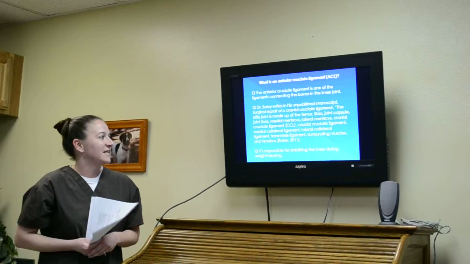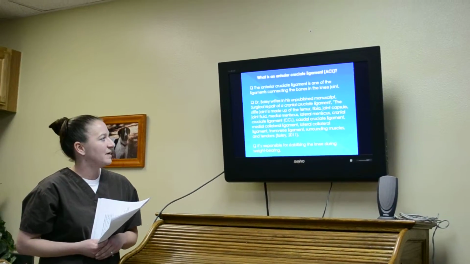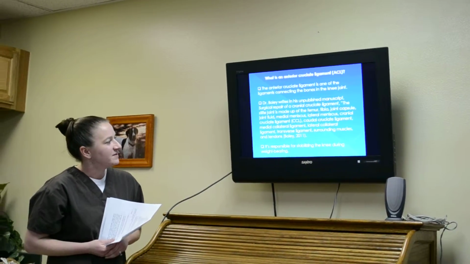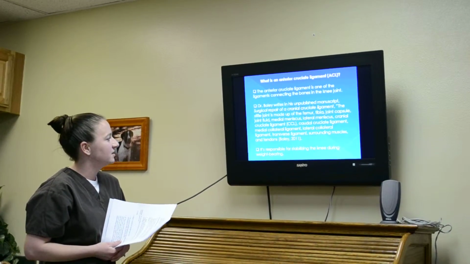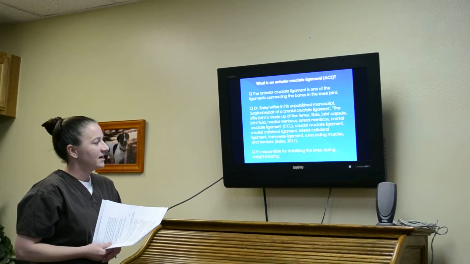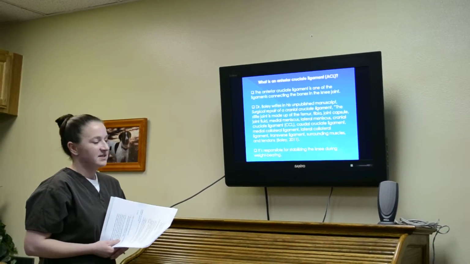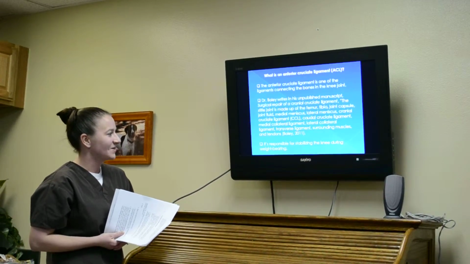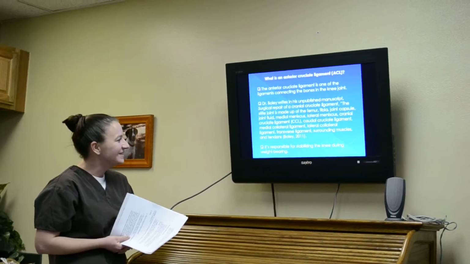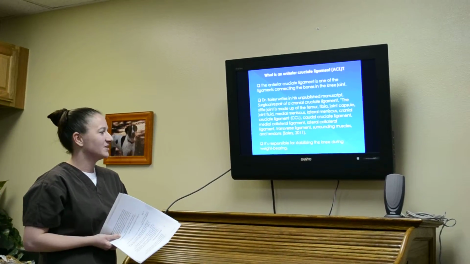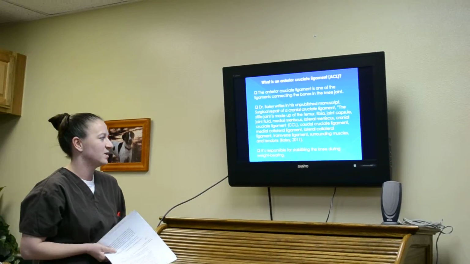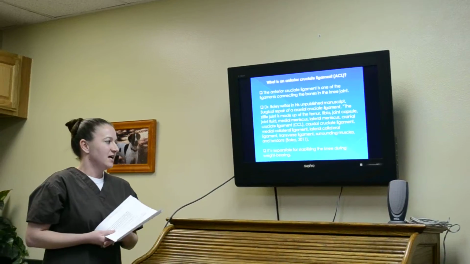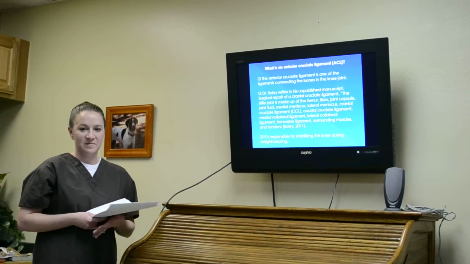Dr. Bowley had written in his unpublished manuscript, Surgical Repair of a Craniocruciate Ligament, that the stifle joint is made up of the femur, tibia, joint capsule, joint fluid, medial meniscus, lateral meniscus, craniocruciate ligament, also known as the CCL, caudal cruciate ligament, medial collateral ligament, lateral collateral ligament, transverse ligament, and surrounding muscles as well as tendons. So basically, the craniocruciate ligament is responsible for stabilizing the knee during weight bearing.